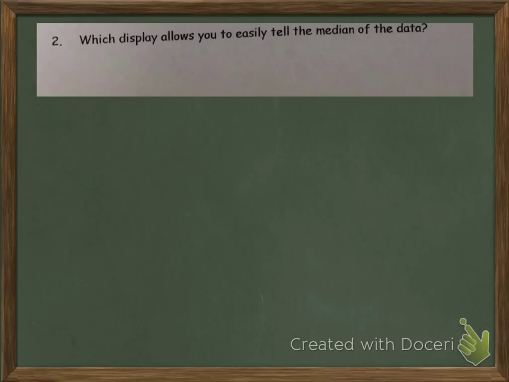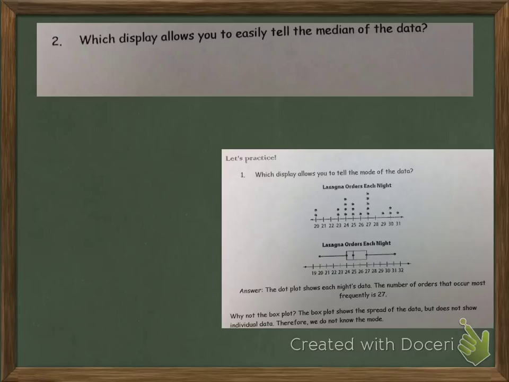Number 2, which display allows you to easily tell the median of the data? And this question is talking about the lasagna orders each night. So where would we be able to find the median easily? And the answer to that is the box plot.